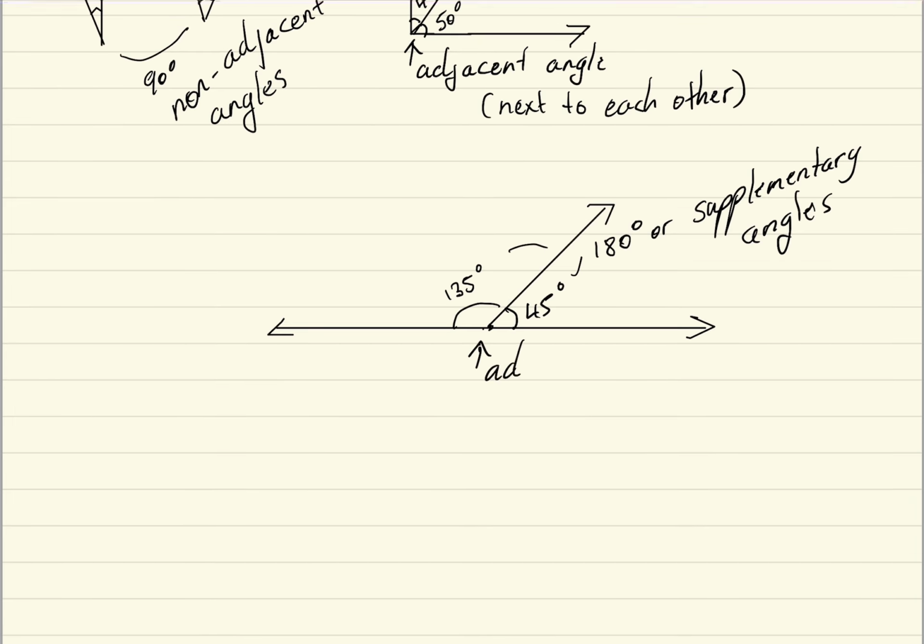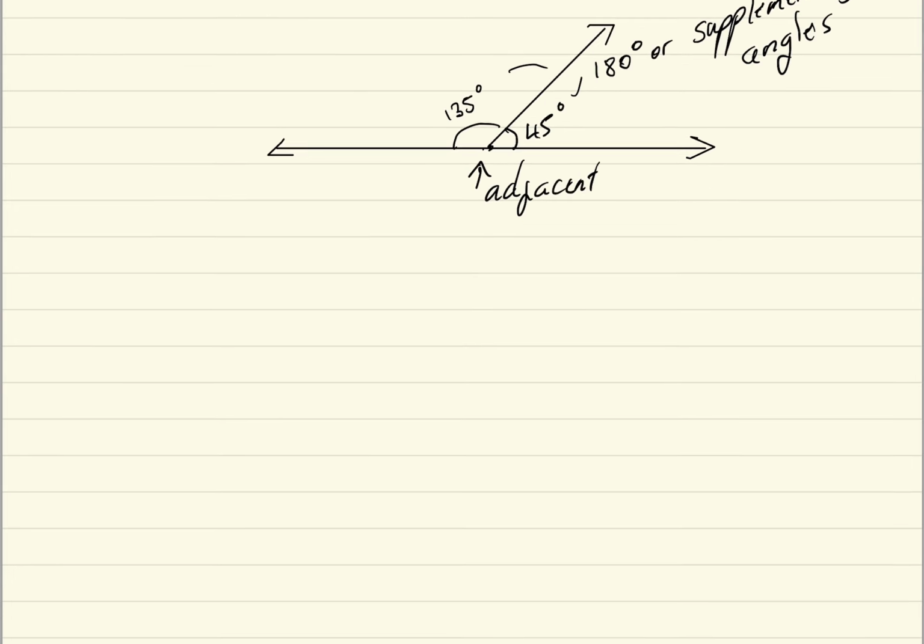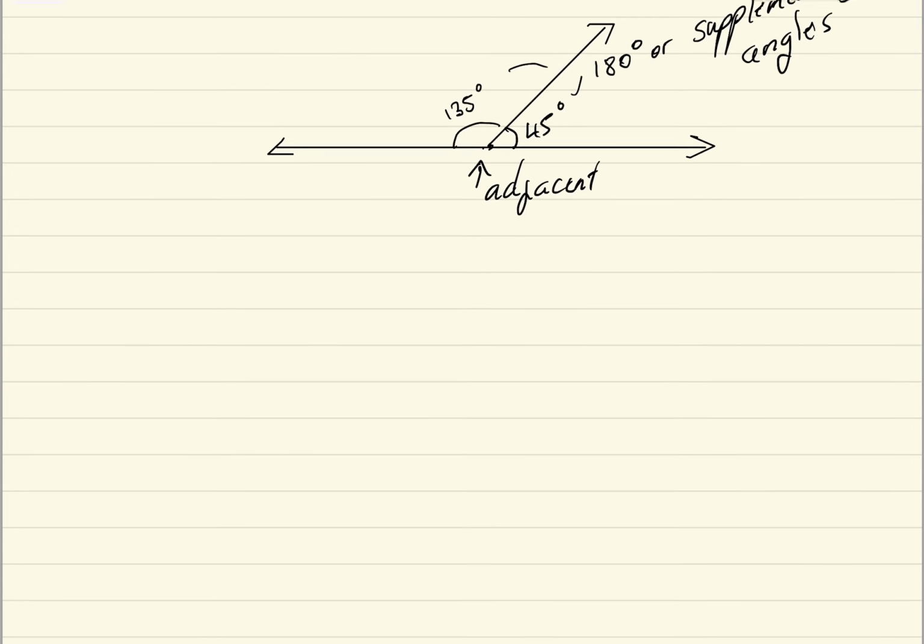So now, like I said before, these are adjacent or right beside each other, but they don't have to be. You could have separate angles that add up to 180 degrees and are considered supplementary. So just to do something very quick, let's say we had something like this.